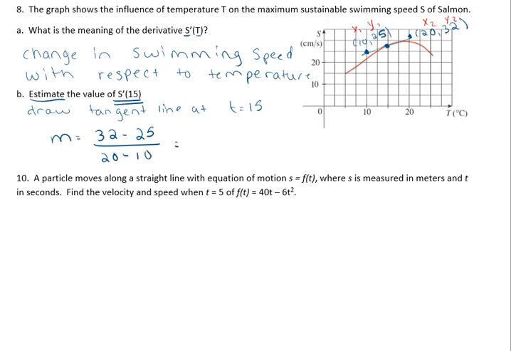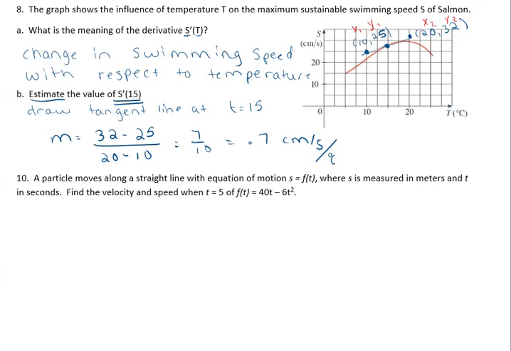Simplifying down, we get 7 over 10. So we're guessing that our slope is 0.7 centimeters per second per degree Celsius. This one has a compound unit: centimeters per second, and then degrees Celsius. That's why we have our units like that.